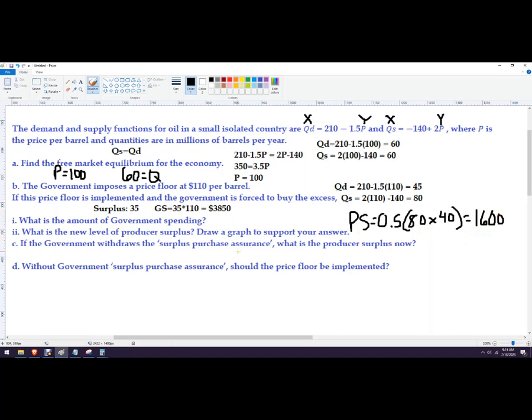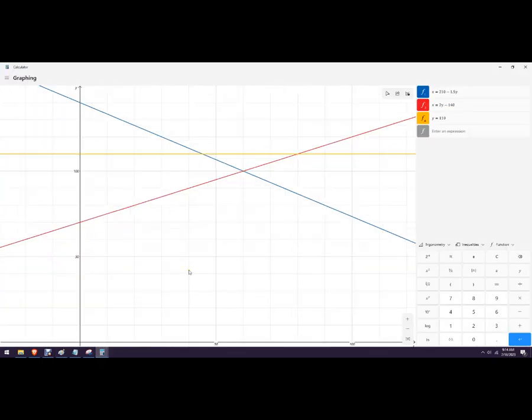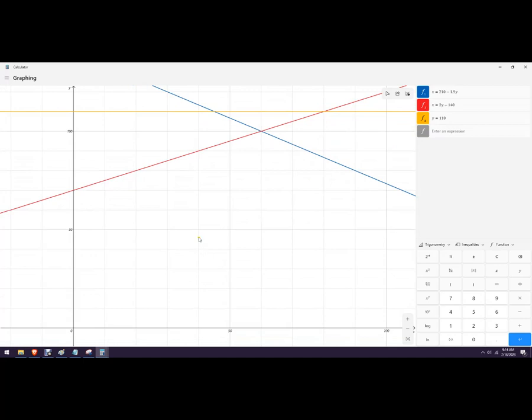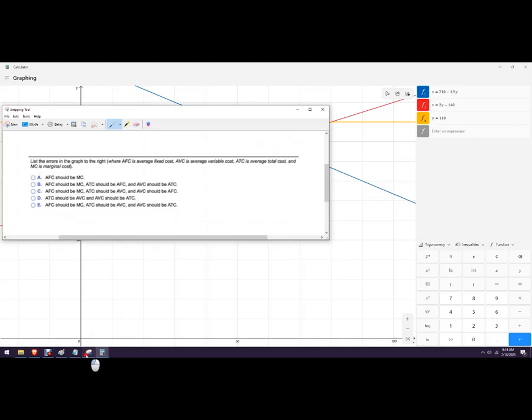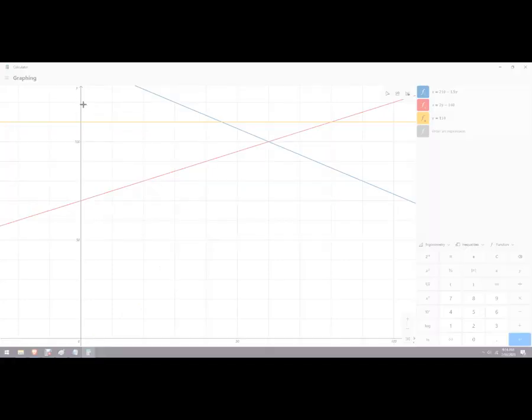If the government withdraws the surplus purchase assurance, what is the producer surplus now? This is a little bit harder. What we need to do is calculate a triangle, but then also a rectangle.